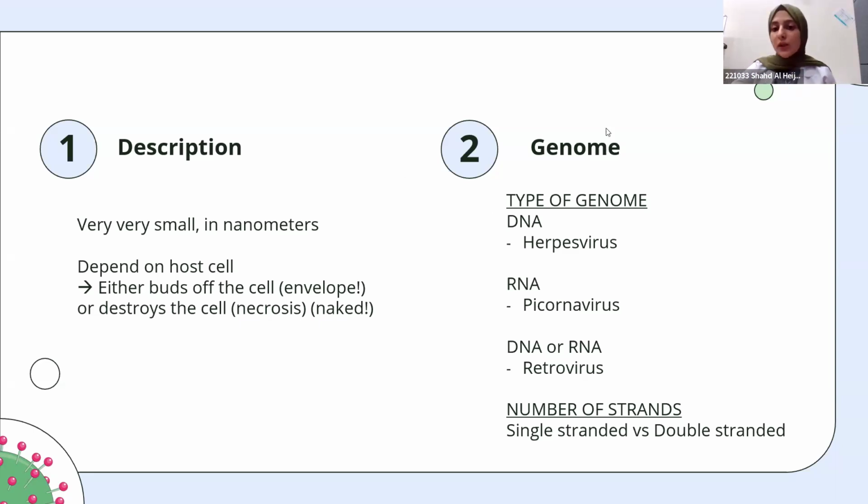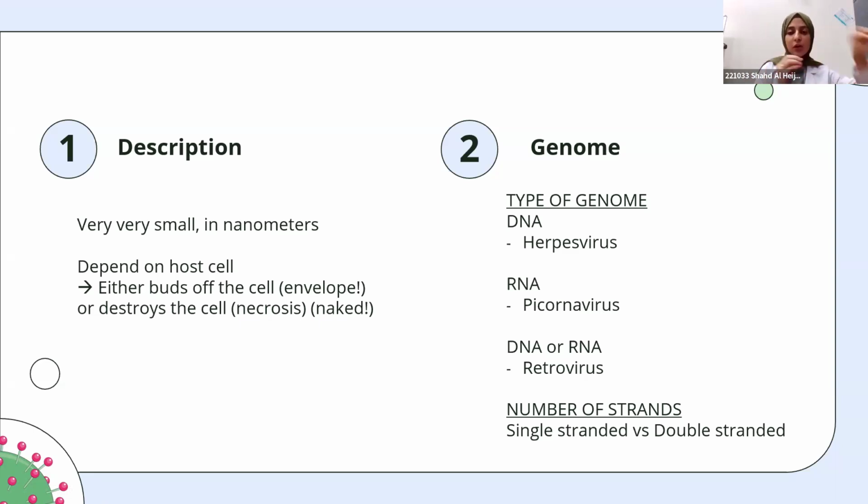Don't worry. Now, for the genome, there are different types of genome the virus could have. They could have DNA, or RNA, or they can have phases, so it can be RNA and DNA, depending on the phase. A major example of a DNA virus is herpes virus. A major example of an RNA virus is picornavirus. And we have something called retrovirus. Retroviruses are originally RNA, but in some of the phases of replication, they form a DNA intermediate.